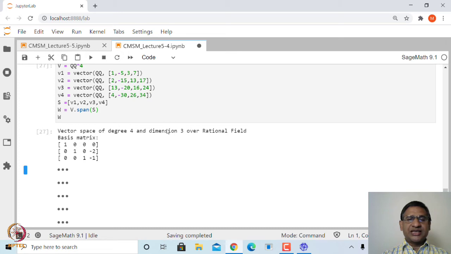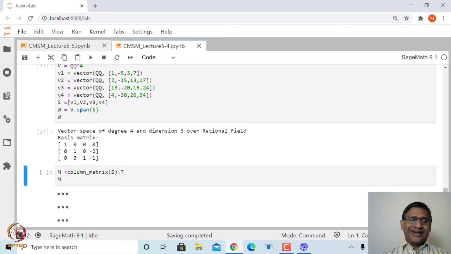It says that it is a vector subspace of dimension 3, and this is a basis matrix. Now suppose we need to find this on our own. How do we do that? The way one does it is you take these vectors v1, v2, v3, v4, put them in a row matrix, and then apply RREF, and all the non-zero rows will constitute a basis for this LS.